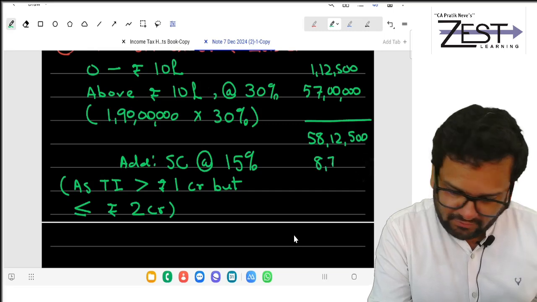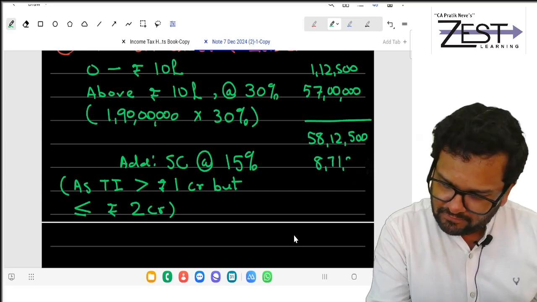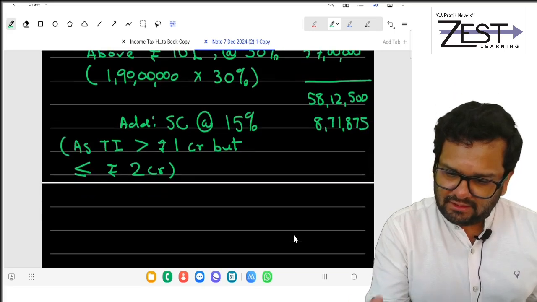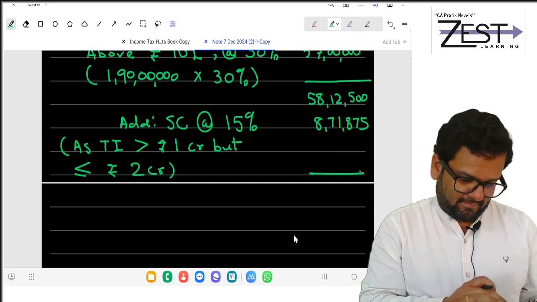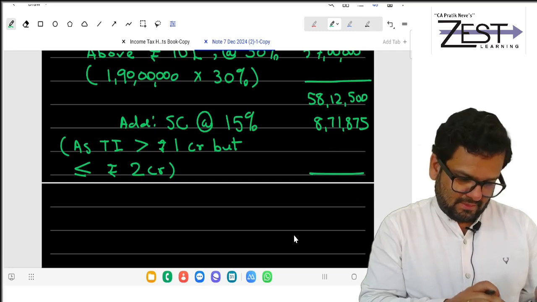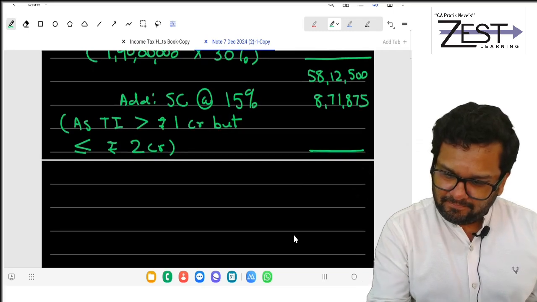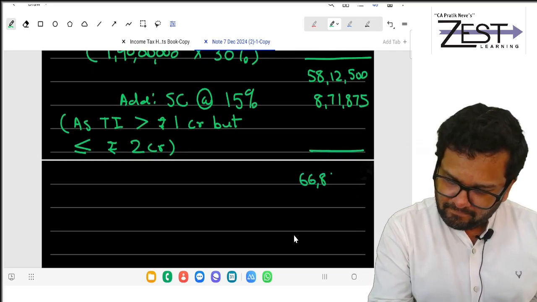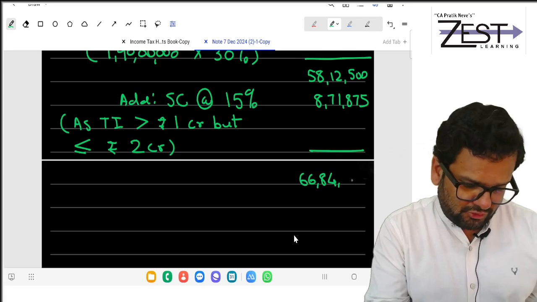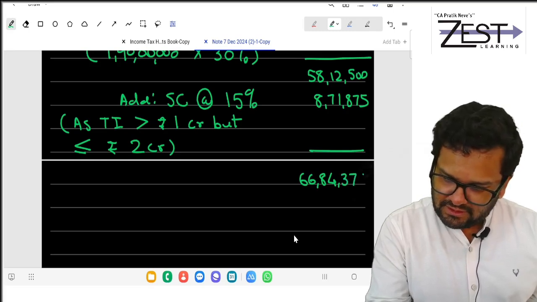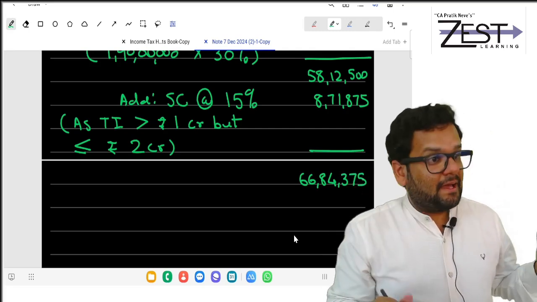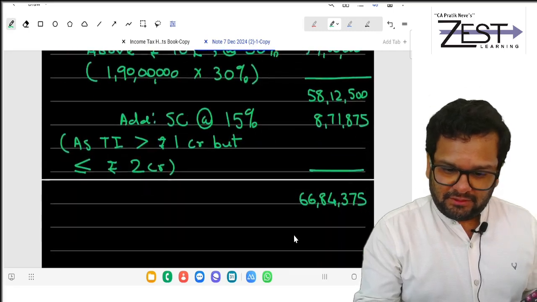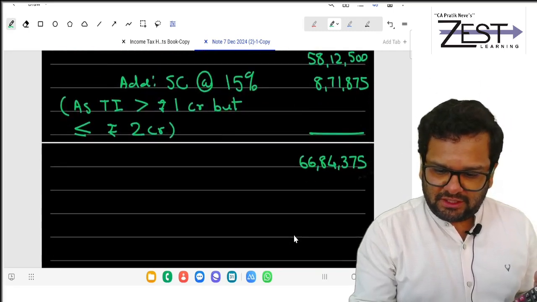Eight lakh 71,875. 66 lakh 84,375. Add. So C step.